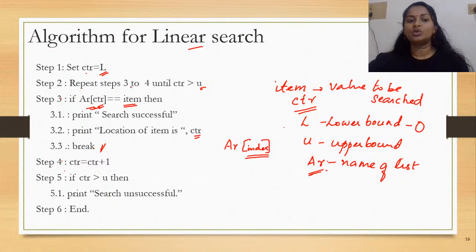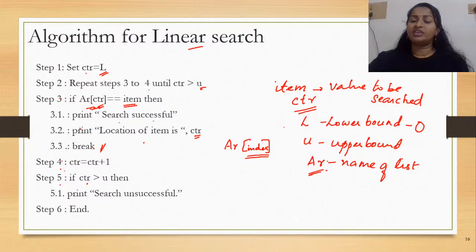Now this loop is going to continue from 3 to 4, so it would not go to step 4; instead it would go to step 5. Now I see that this condition is false, and then it would go to the end. So if the search is successful, it would print the message search successful, as well as print the location and then break from the loop.